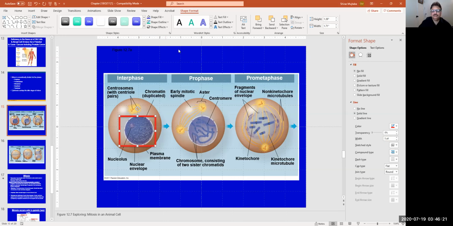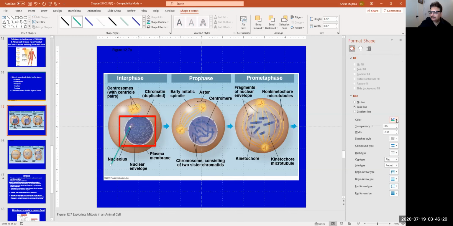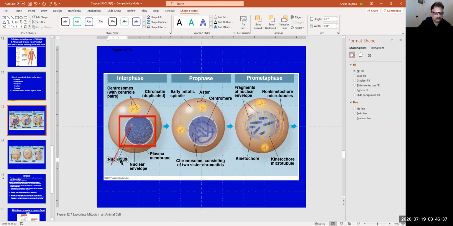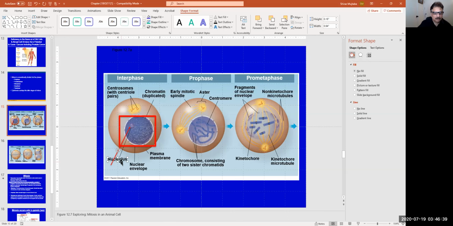And what you see here within the nucleus is another organelle called the nucleolus. So in interphase cells, chromosome is thin, and what you see as white boundary is called the nuclear envelope.